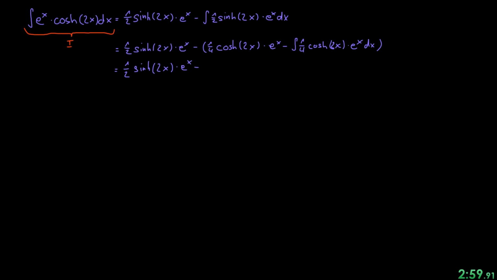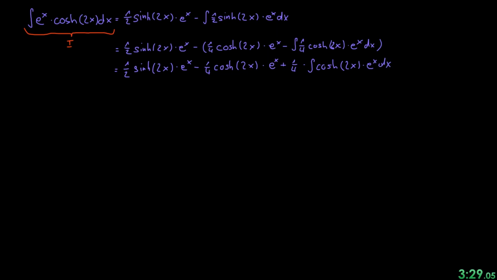Times e to the x minus 1 over 4 times the hyperbolic cosine function of 2x times e to the x, and now we have a plus 1 over 4 times the integral of the hyperbolic cosine function of 2x times e to the x dx.